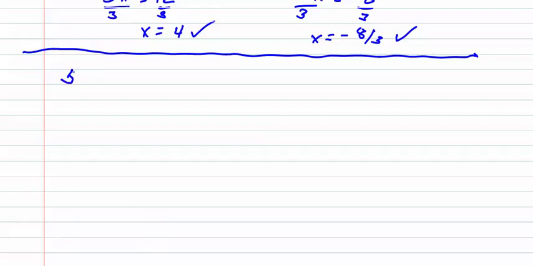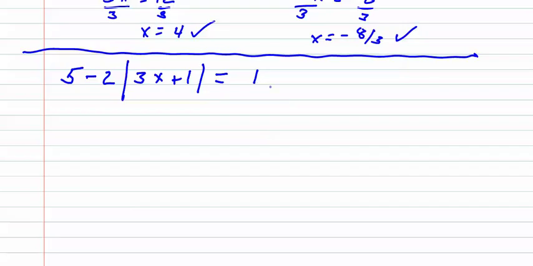5 minus 2 times the absolute value of 3x plus 1 equals 1.